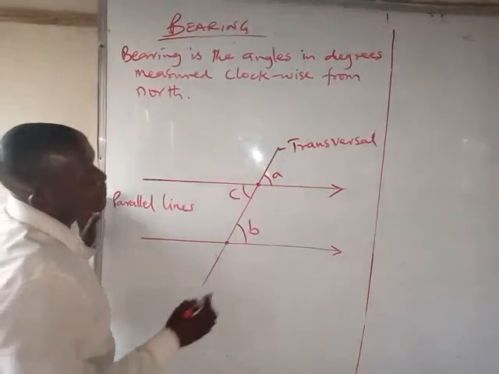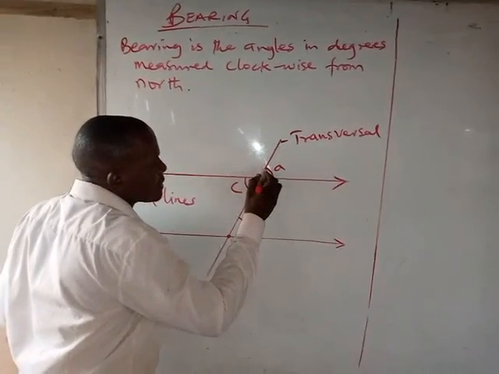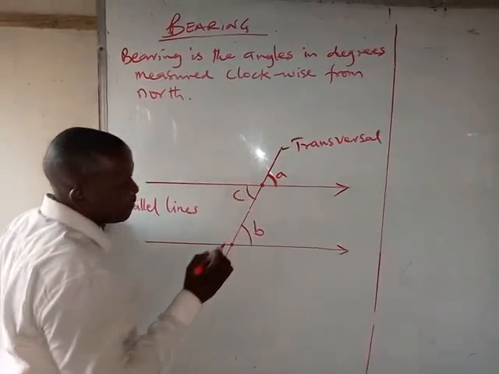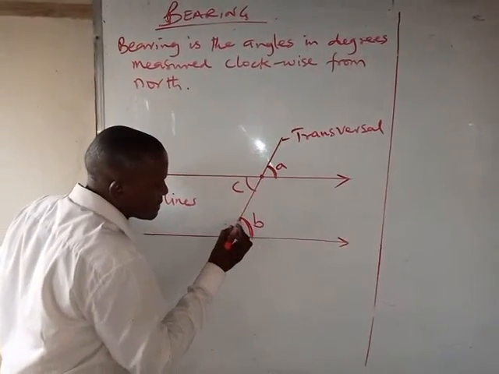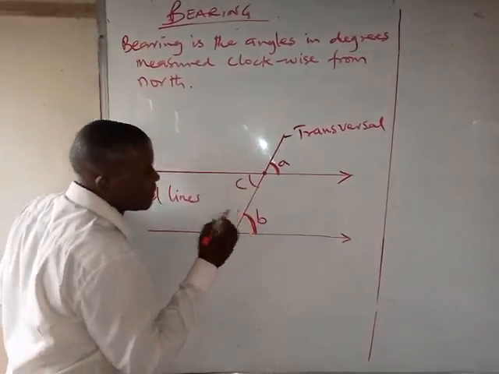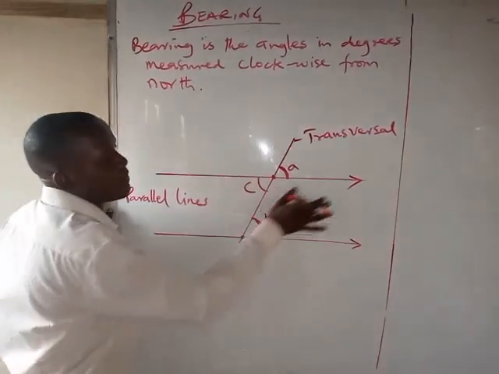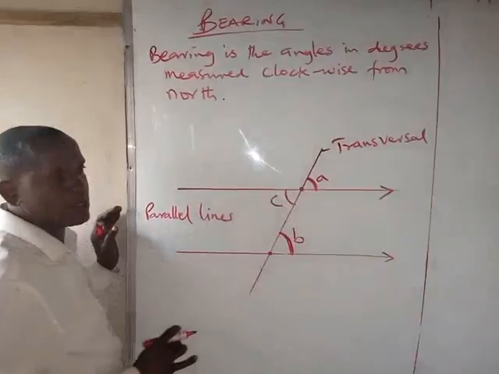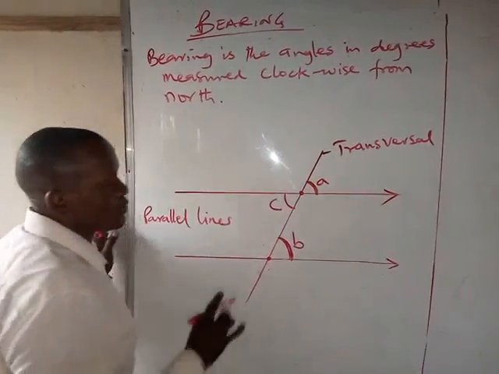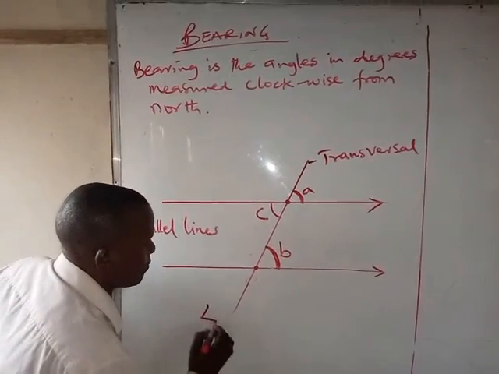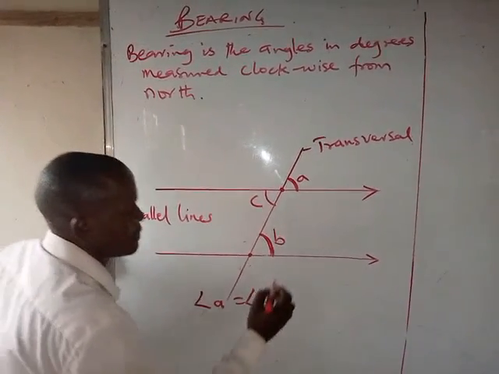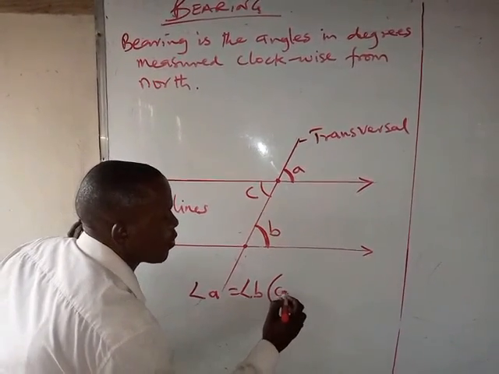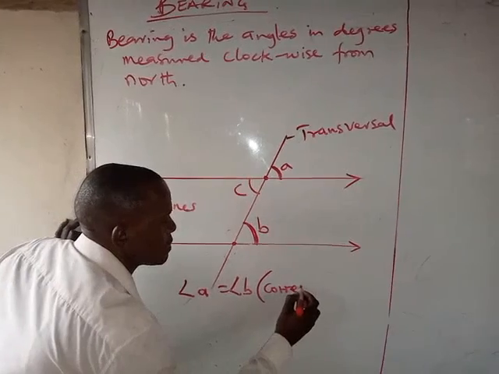Number one, you notice that this angle A, angle B occupies the same position that angle A is occupying. The two of them are facing the same direction. So we say angle A is equal to angle B. So they are said to be what? Corresponding angles.